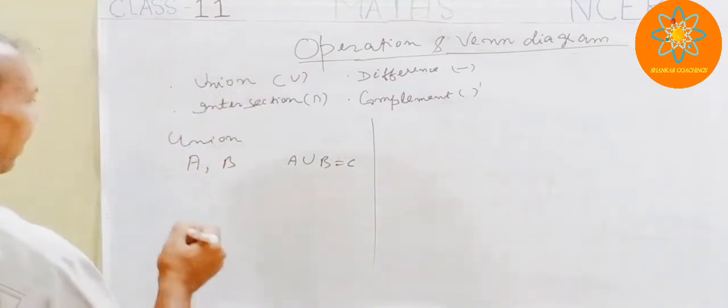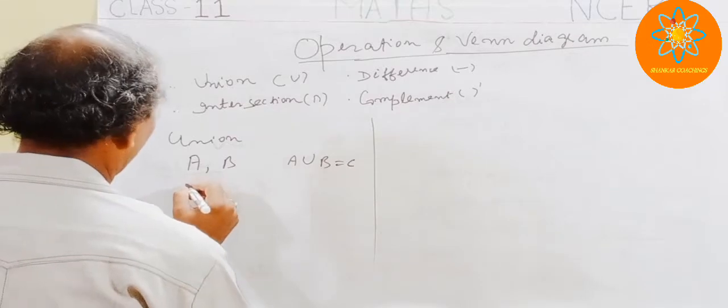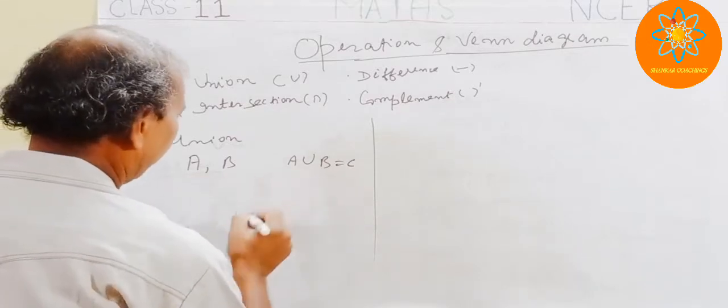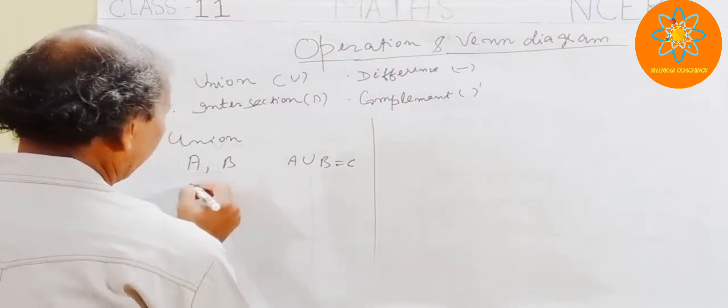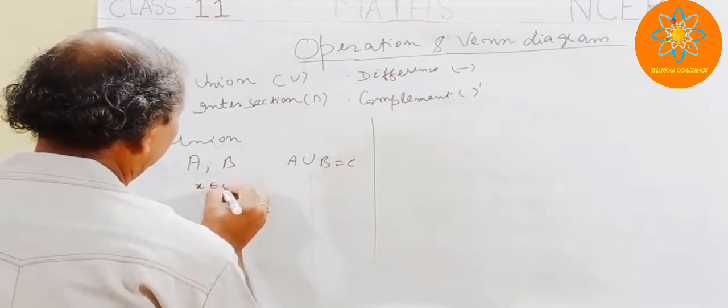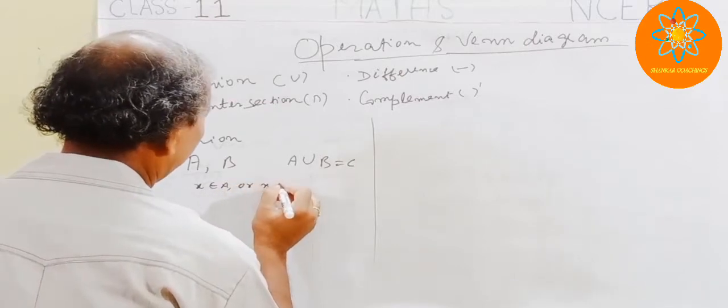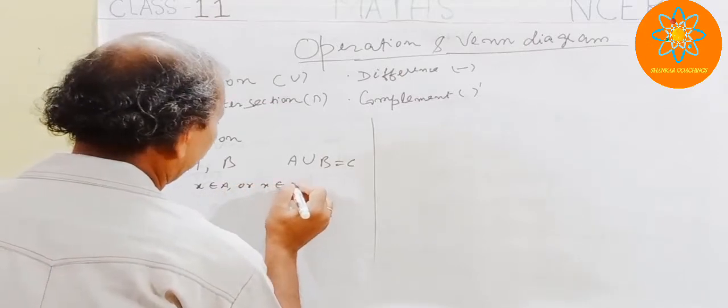So if a member X is there, then X is a member of A or X is a member of B.